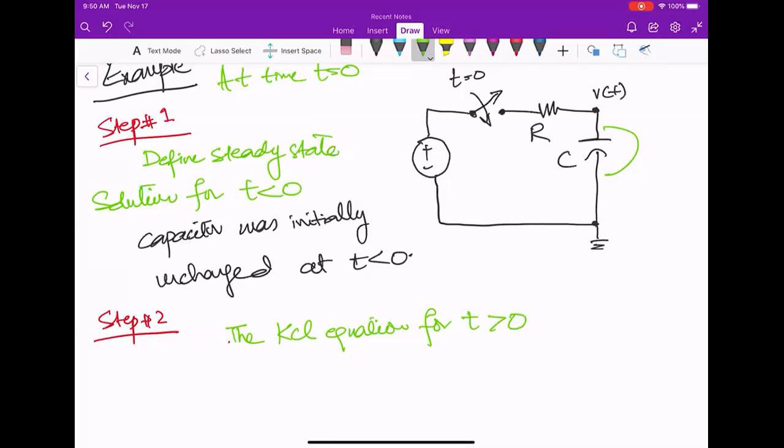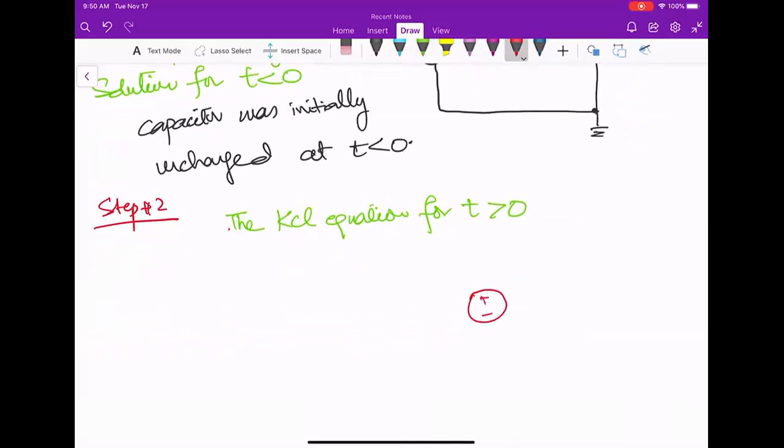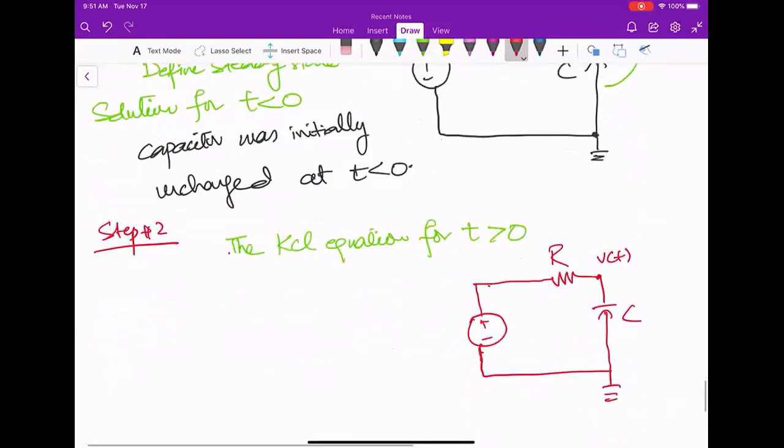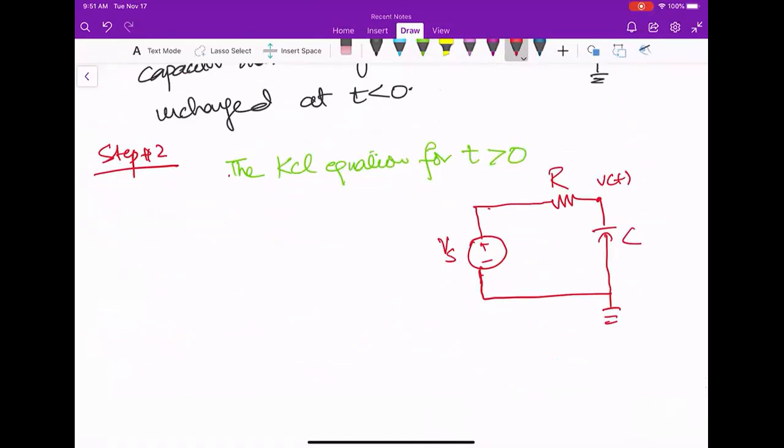For t greater than 0, the switch will close, so the new circuit will become this. So this is our VS. If this is our node, what should be the KCL equation here?